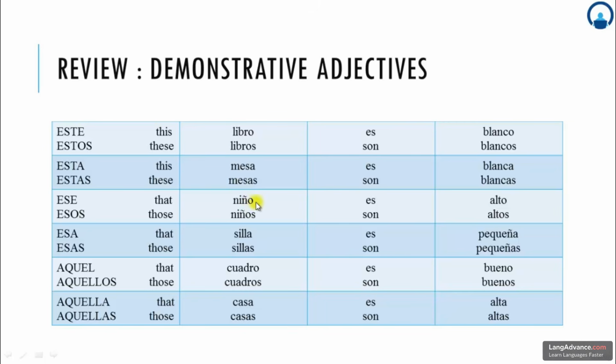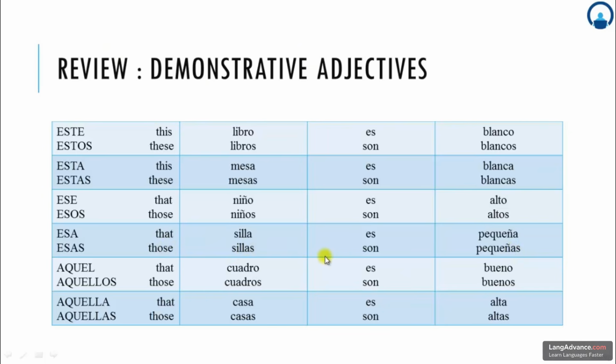Note that niño, when it is ending with O, it's a boy. And if it is ending with A, that is niña, it is a girl. Next, esa silla es pequeña. That chair is small. Esas sillas son pequeñas.